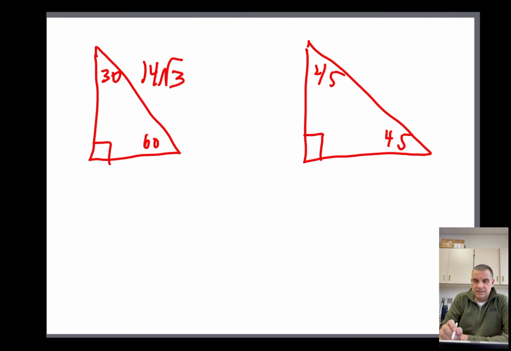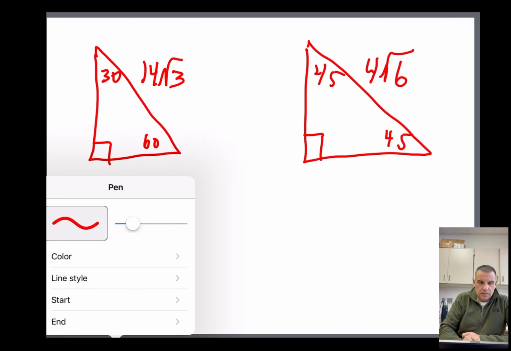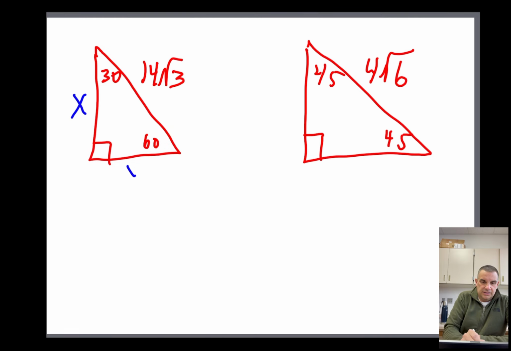And I'm going to tell you that this thing is 4 radical 6, just for fun. I don't know how fun it is. So I want you to find the missing sides. Find x, y on the first one, and r and q on the second one.